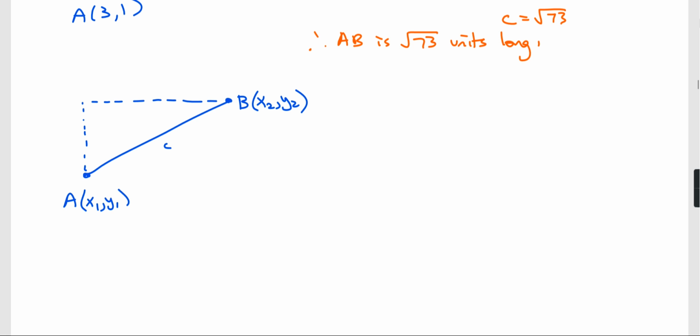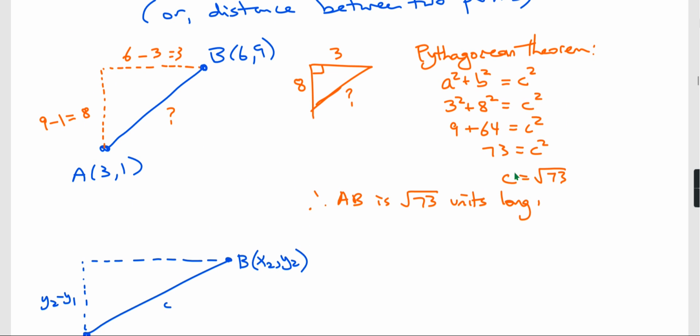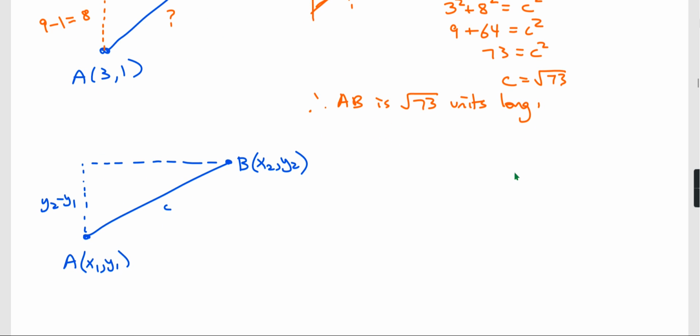Along the y's, I'm going to go from y1 all the way up to y2. So that is going to be a difference of y2 minus y1. Remember before, we went from 1 all the way up to 9, so that was a difference of 8. That's rising 8. Here, I'm rising the difference of the y's.